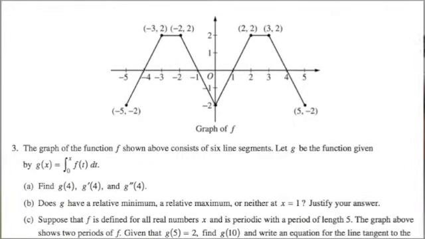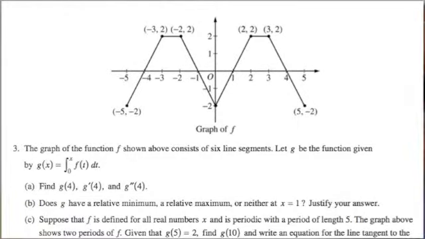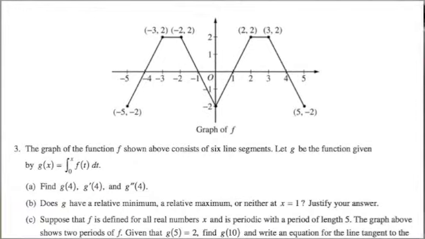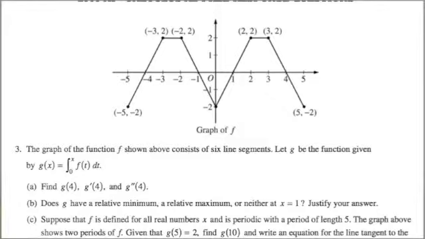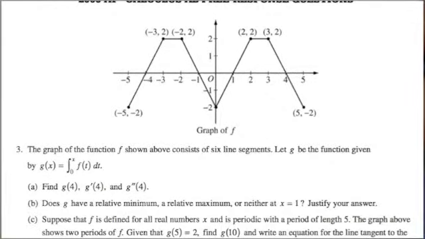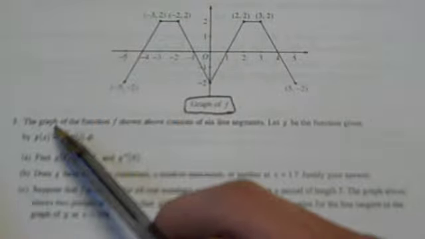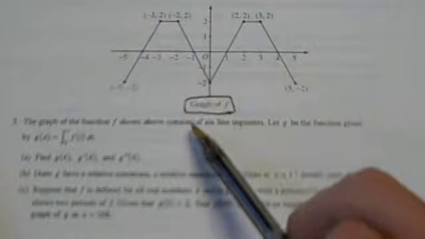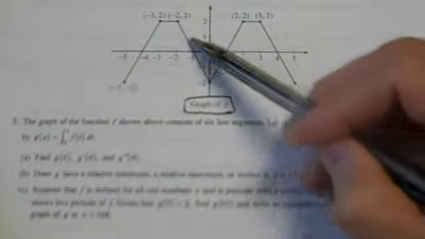Now we have a function, and these points are clearly marked, and there are straight lines between these dots. Here, notice it says it's a graph of f. Now, it's very important to note that, because let's take a look at the actual problem itself. Here it says the graph of the function f shown above consists of 6 line segments: 1, 2, 3, 4, 5, 6.